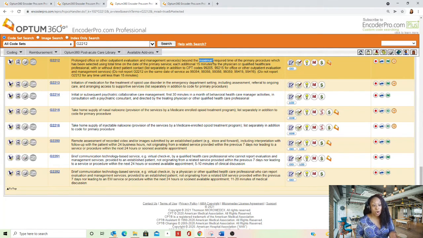So that same code that was 40 to 54 minutes with CPT, where I could add 15 minutes starting from the 40-minute mark, CMS said, no, you can add 15 minutes starting from the end point mark. And because they couldn't agree with that, CMS used its authority to create the HCPCS code G2212.